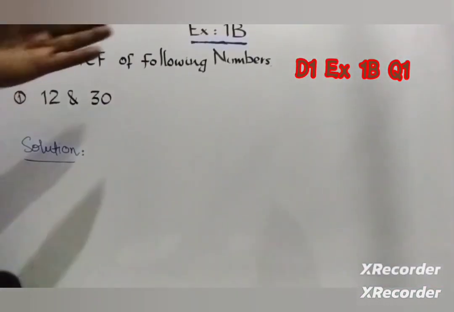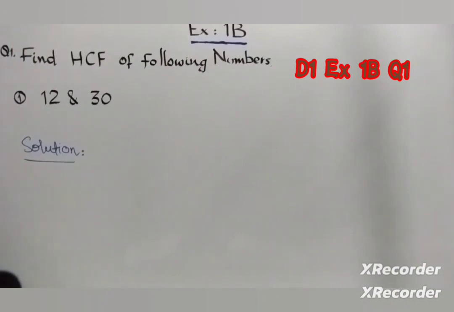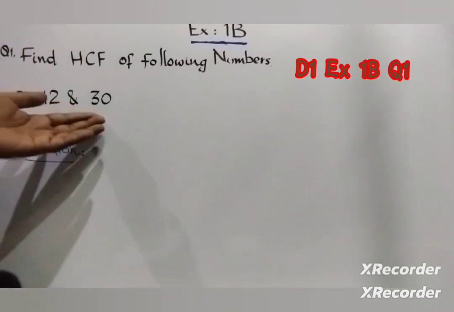Bismillahirrahmanirrahim. We have finished exercise 1A. Now moving towards exercise 1B. In this exercise we have to learn how to find the HCF and LCM of numbers. First of all, we learn how to find the HCF. Question number 1 is: find the HCF of the following numbers. The first is 12 and 30.